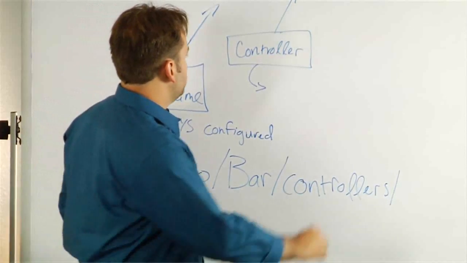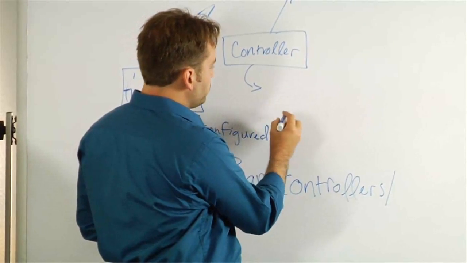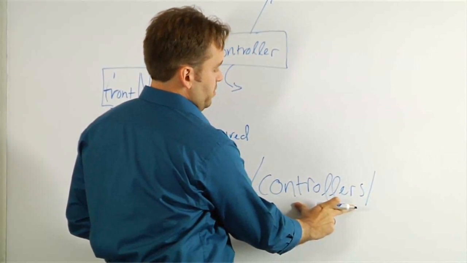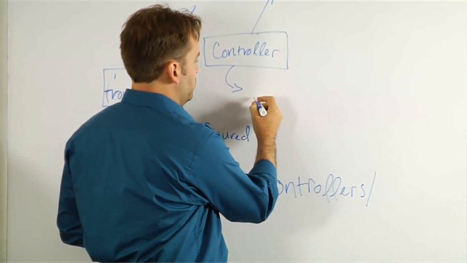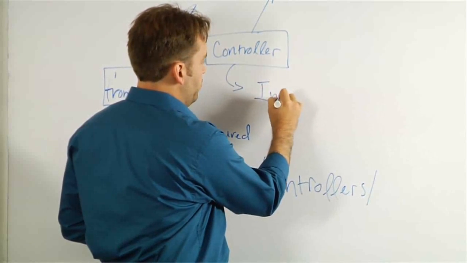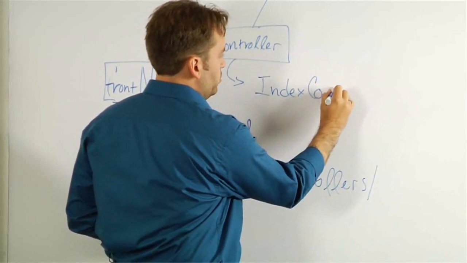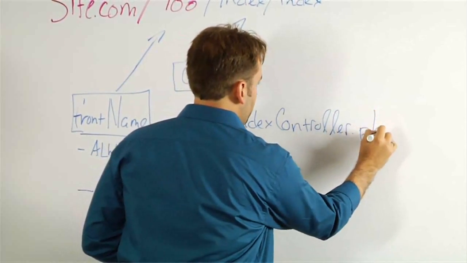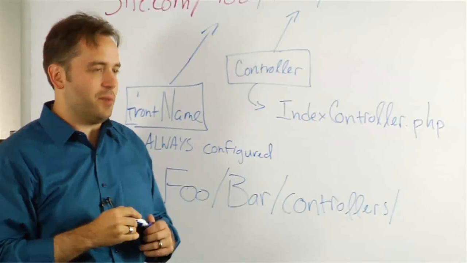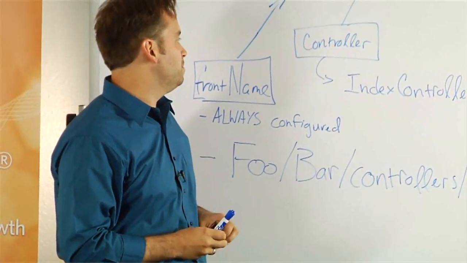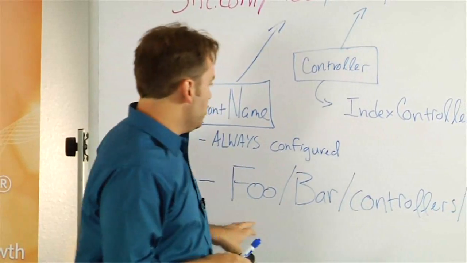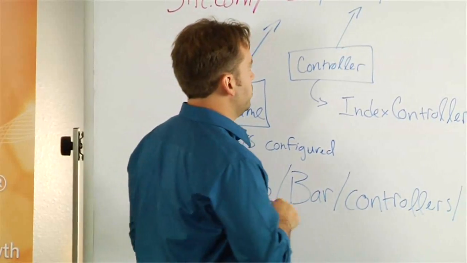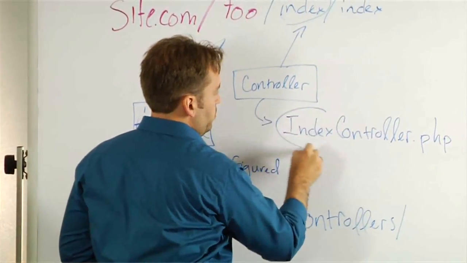So, my controller then is just a file that'll be found after this. Okay? So, for example, in this case, we have index controller. And this is just simply how your files are named for controller files. So, foobar controllers index would mean indexcontroller.php. So, this here matches up with that.